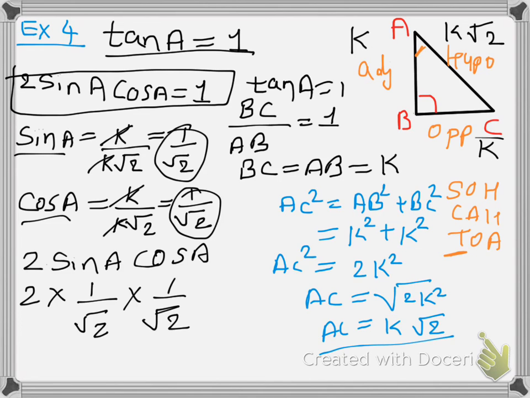And what is the square root of 2 times square root of 2? That's 2, right? Anytime you multiply two square root numbers, it becomes the whole number. For example, square root of 3 times square root of 3 is 3. Square root of 5 times square root of 5 is 5. So similarly, square root of 2 times square root of 2 is 2, and numerator and denominator get cancelled, so we are left with 1.